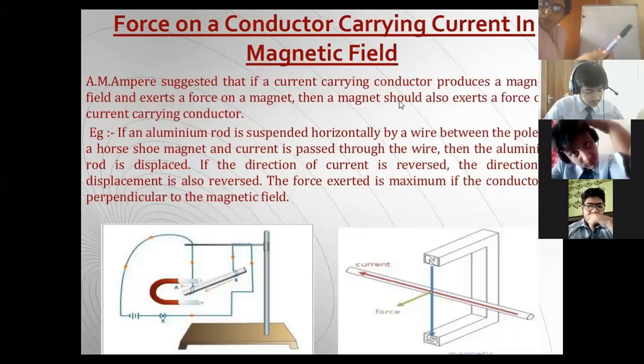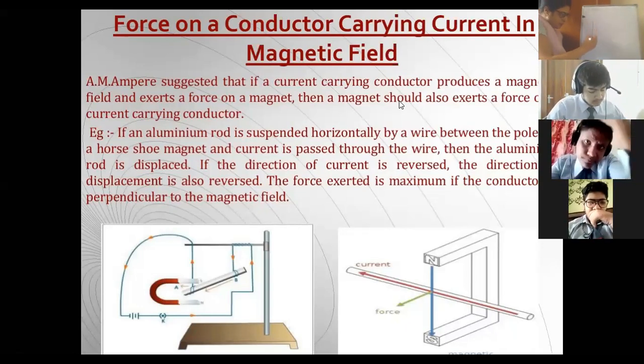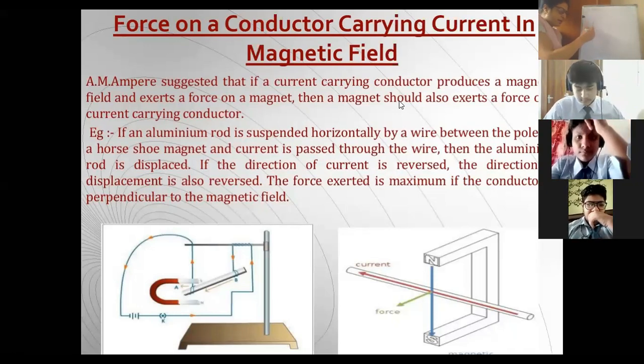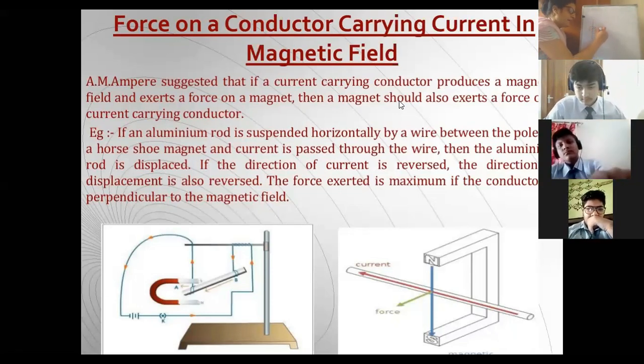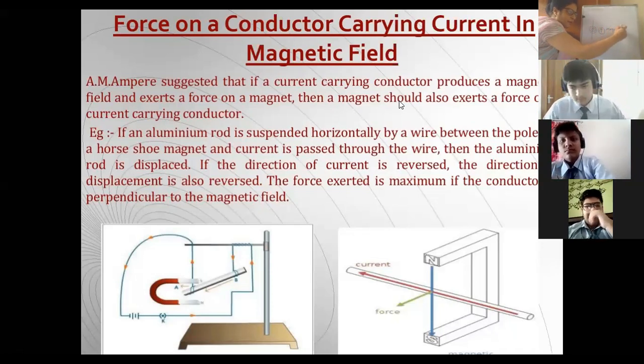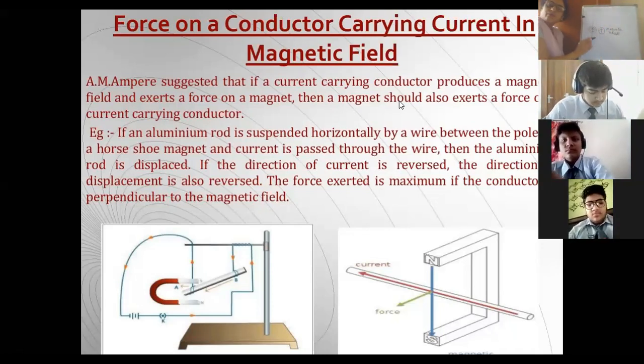Now, just one thing. If this is the straight current carrying conductor, and I place a magnetic needle near it, once the current flows through it, what will happen?